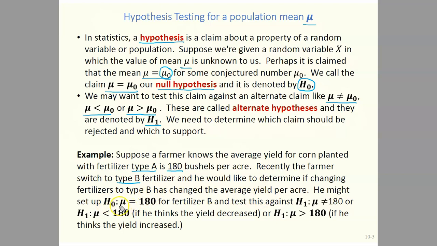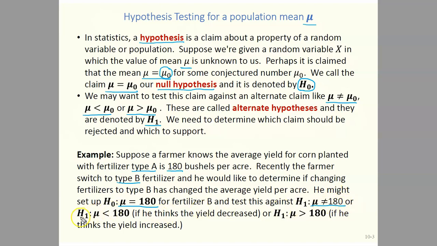H0 would be that mu equals 180, so the average yield per acre has not changed from 180, it is still equal to 180. And they might test that against the alternate hypothesis that the average yield per acre is not equal to 180, so it has changed.